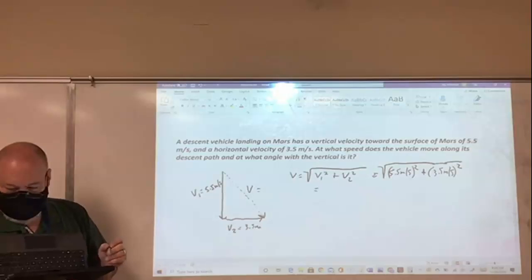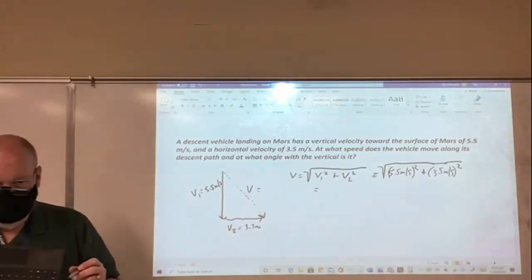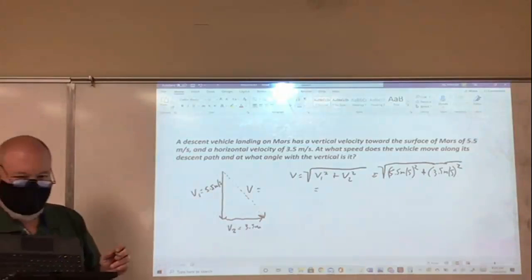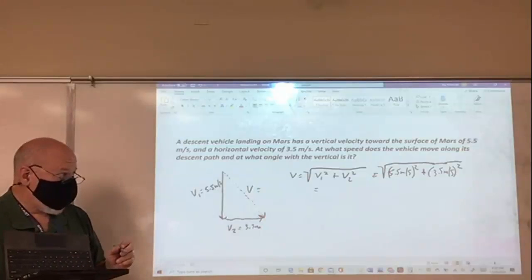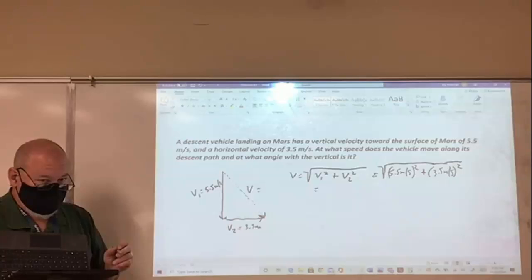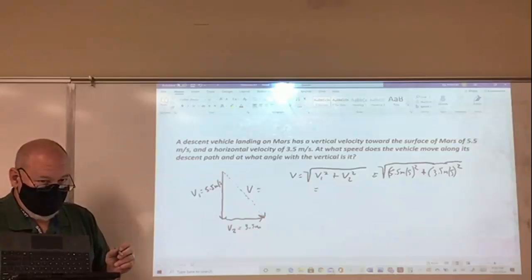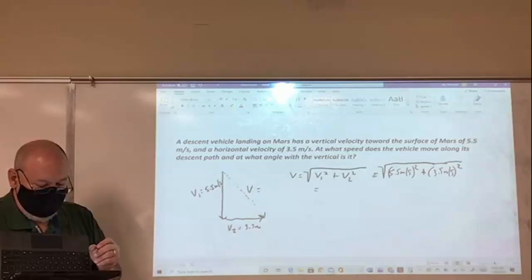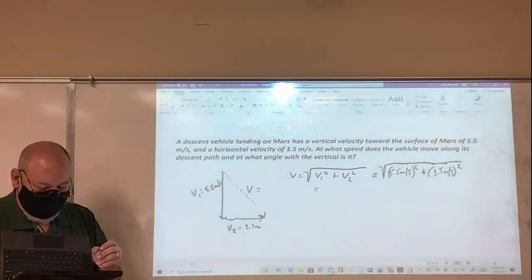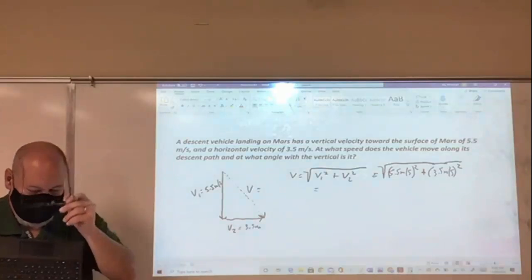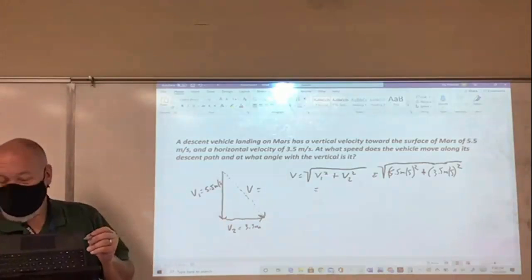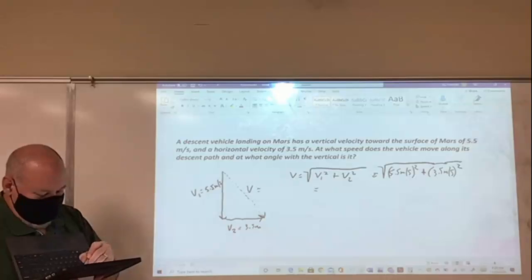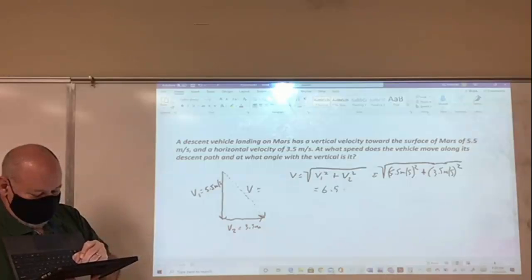And so my actual velocity, and I forgot what it was going to be. Kirsten's going to figure it out for me here real quick. It's not 3. My bad. Six point five. 6.5 meters per second.